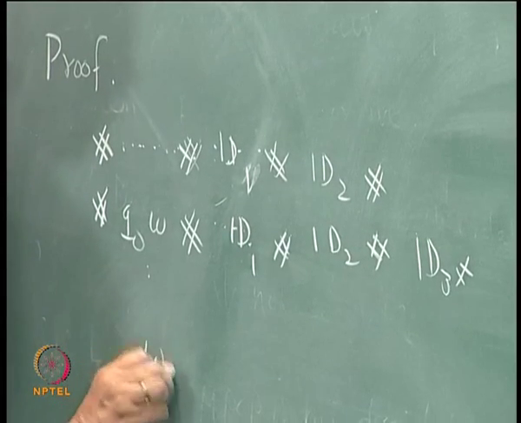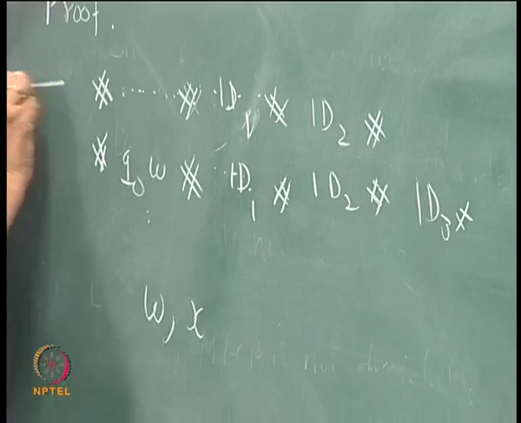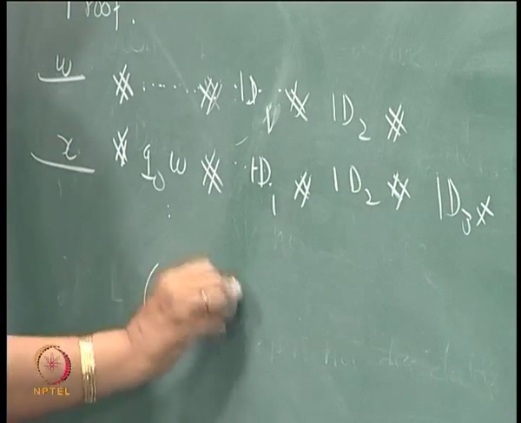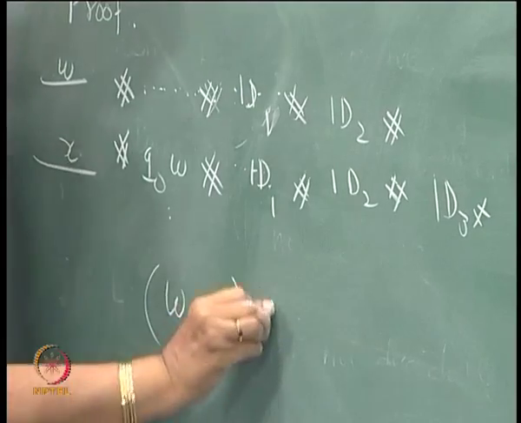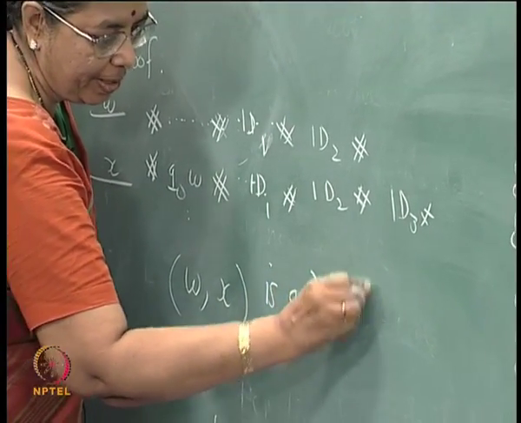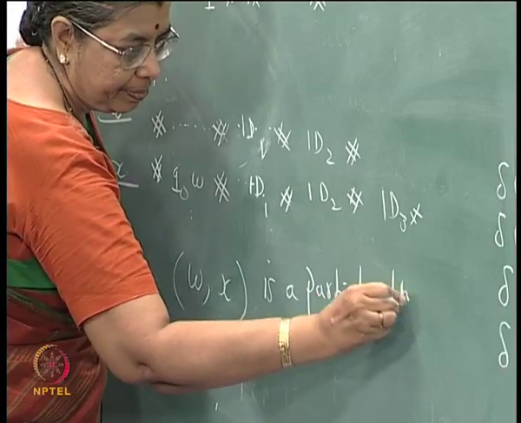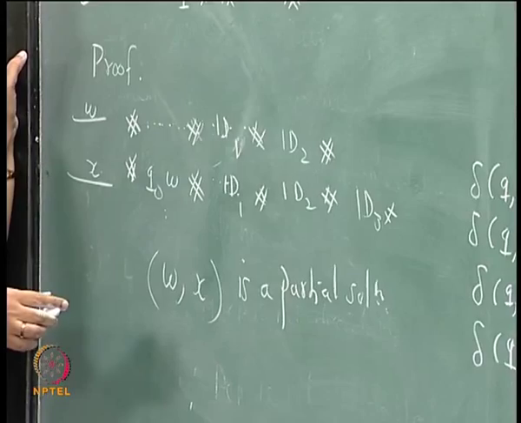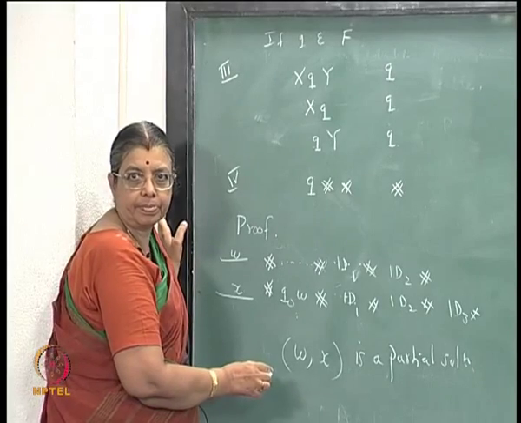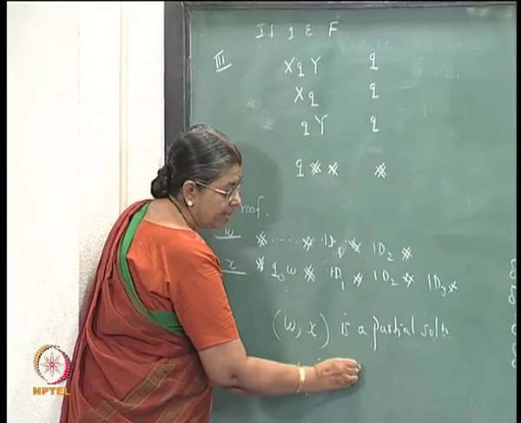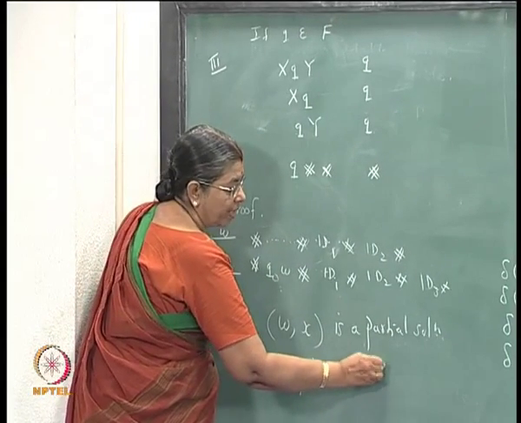This is Wx, the string W, this is the string X. This is such that this is a partial solution. You say it is a partial solution if W is a prefix of X.